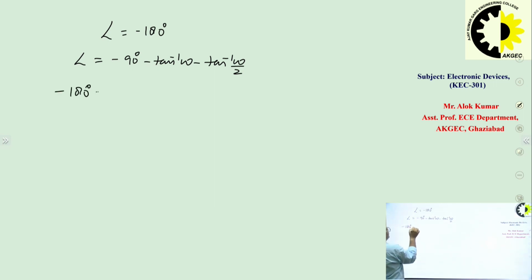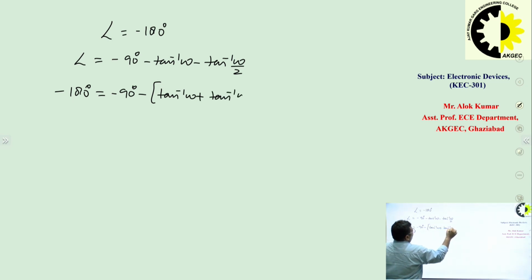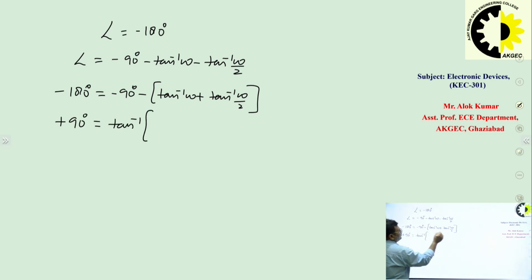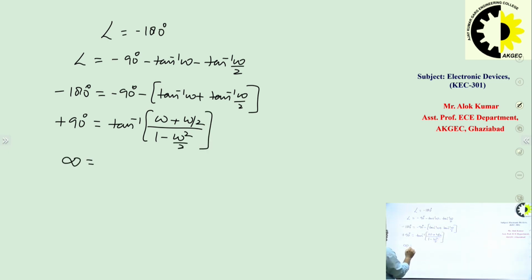So minus 180 degree is equal to minus 90 degree, minus, taking common, tan inverse omega plus tan inverse omega by 2. The minus will be cancelled out. So 90 degree is equal to, applying the formula here, omega plus omega by 2 divided by 1 minus omega square by 2.